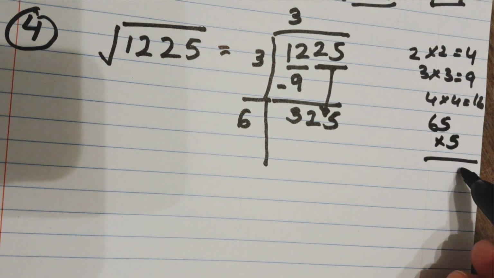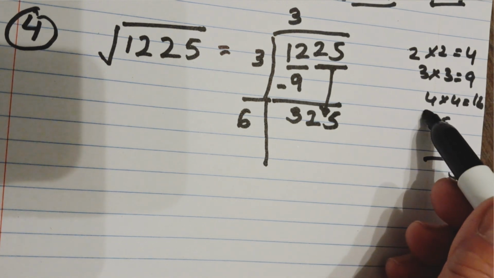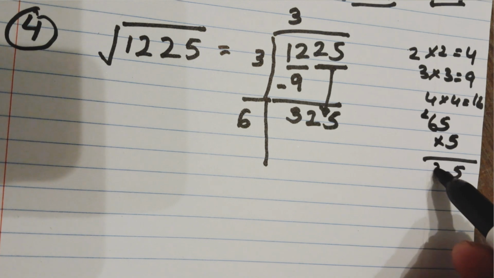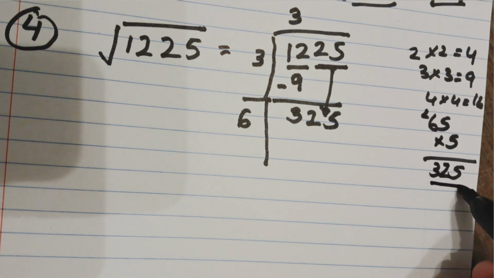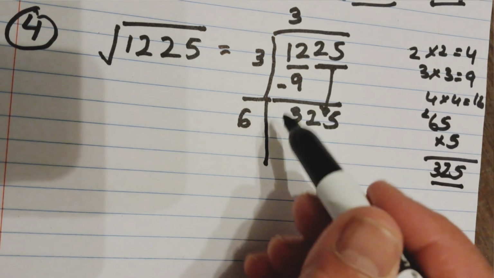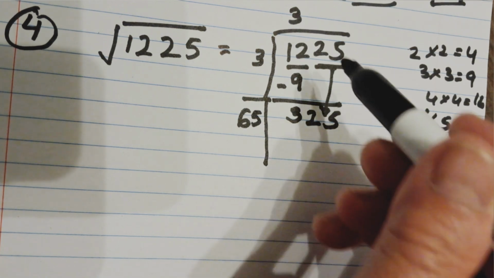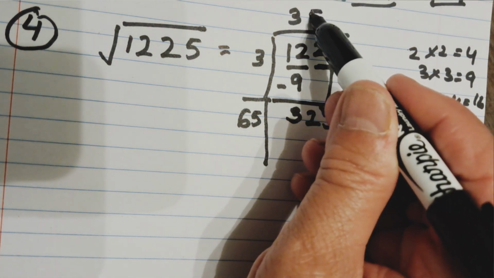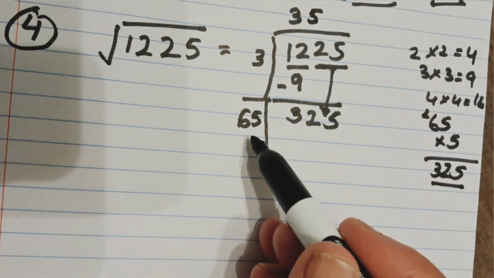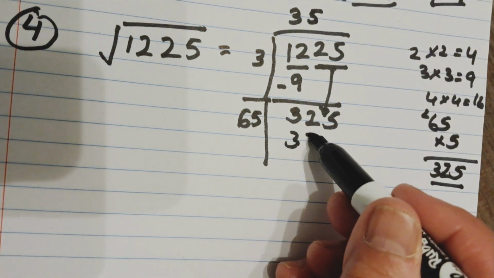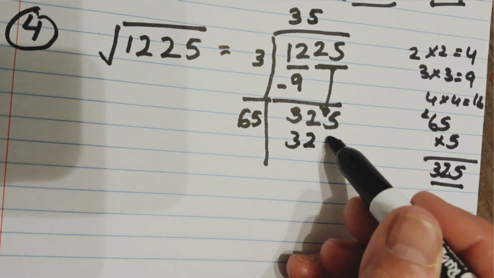5 times 5 is 25, 2 to carry. 6 times 5 is 30 plus 2 is 32, so 325. So this is the same number. So we will put the 5 here multiplied by the same number. 65 multiplied by 5 is 325.